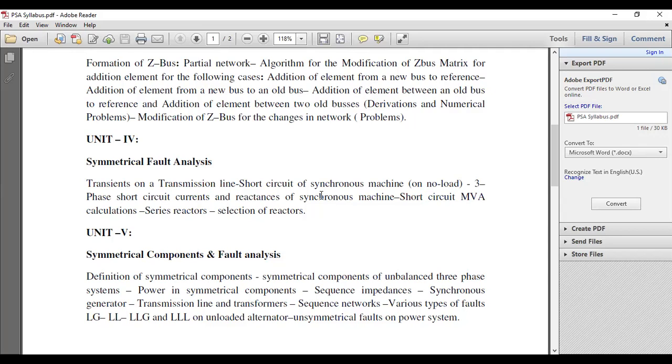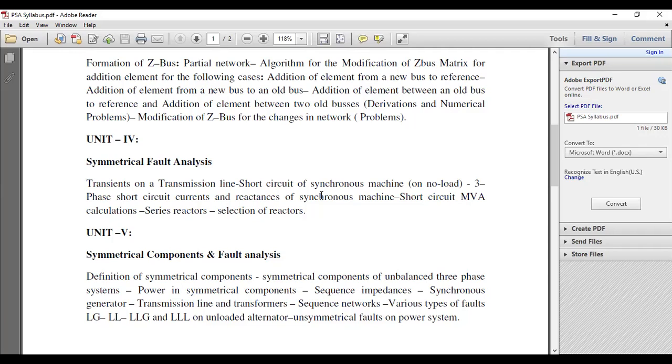Which type of fault is more severe, and which type of fault occurs more often? Rarely occurring faults are there, and most frequently occurring faults are also there. What type of fault is more severe than any other fault? That is the three-phase fault. But this is a rarely occurring fault.